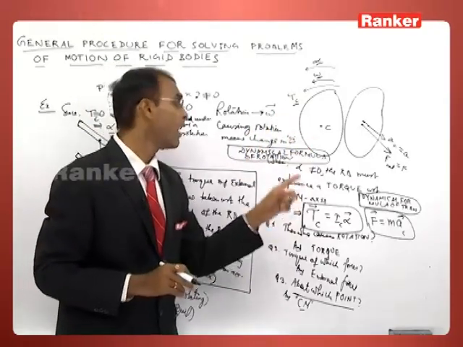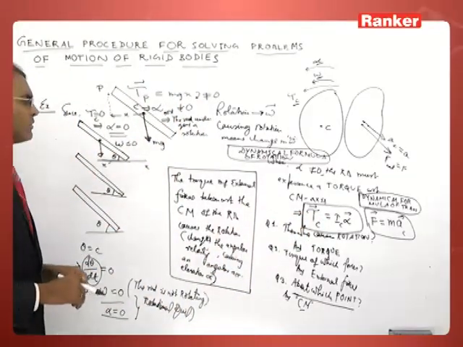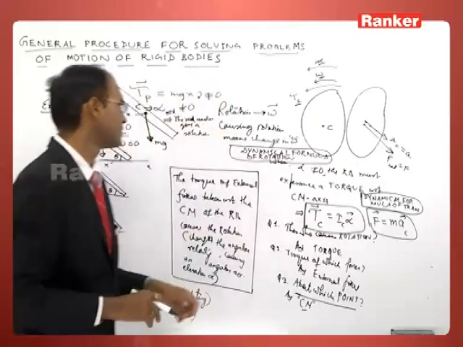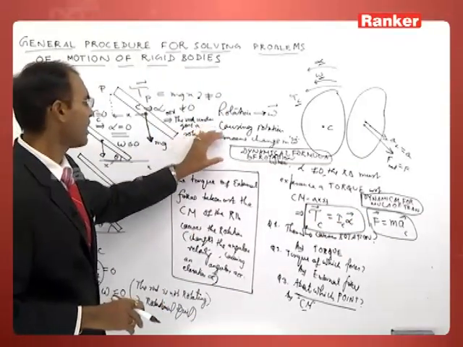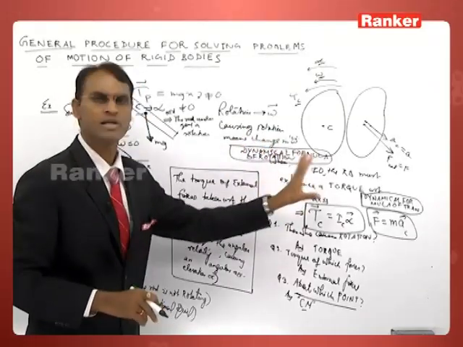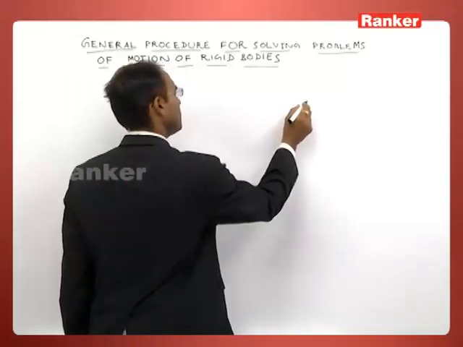It is the acceleration of the center of mass. So let us take an example to clarify these two ideas: the dynamical formula of rotation and the dynamical formula of translation.